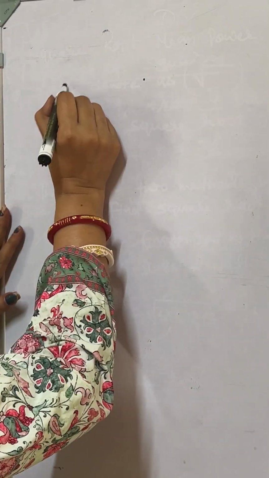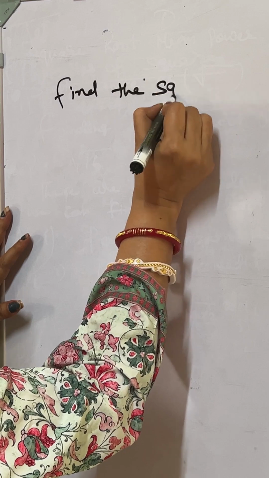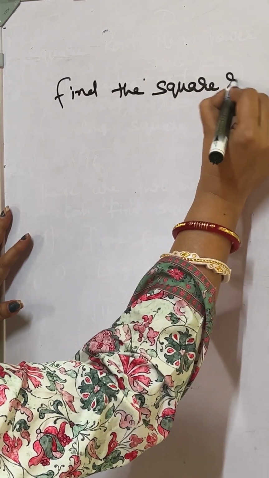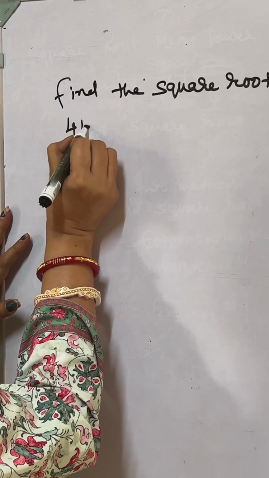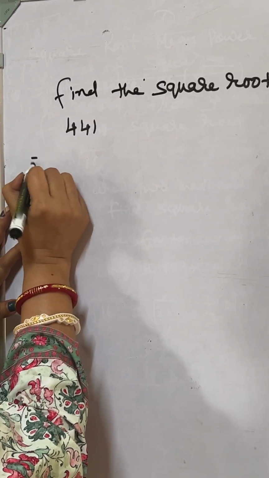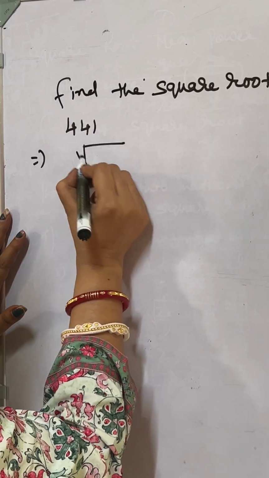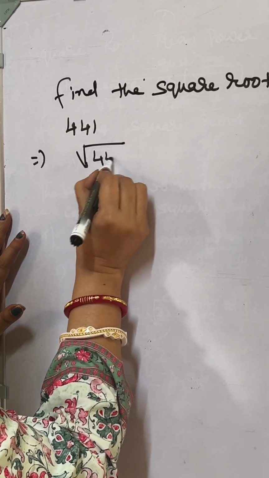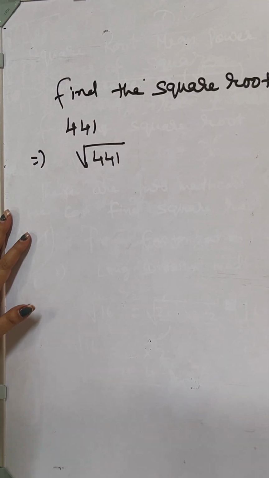Suppose we take a number and find the square root of 441. So first step, as I have told you, we need to write it inside the square root symbol. Now how to find it? Please try to understand properly.